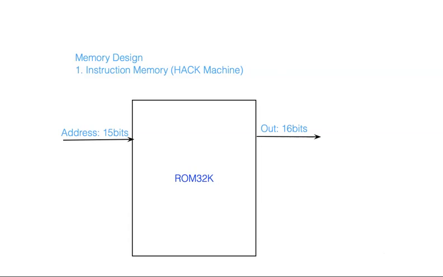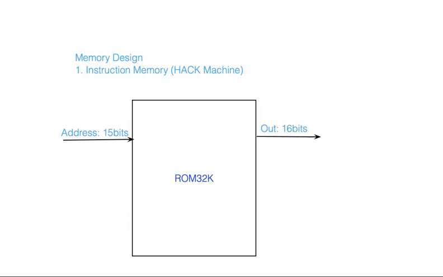Okay, now you know that the RAM is viewed like this. It's quite straightforward. The function for RAM is just: give me the address, then I give you 16 bits out, which is your instruction. So I give you 15 bits for your A instruction.